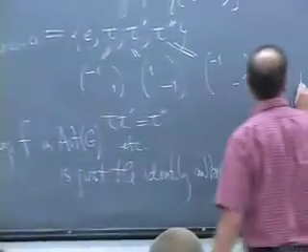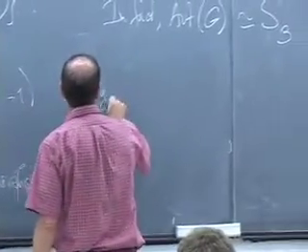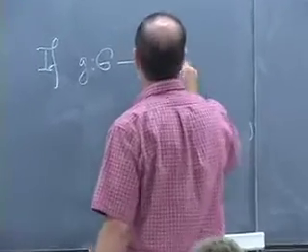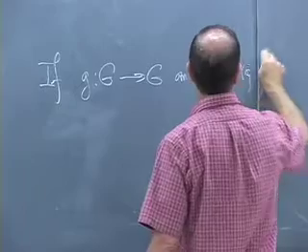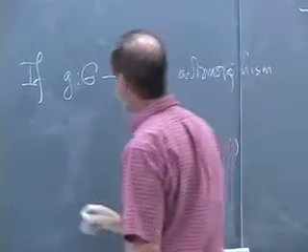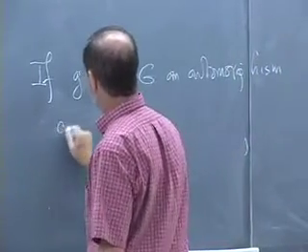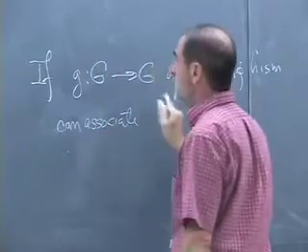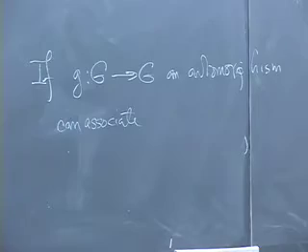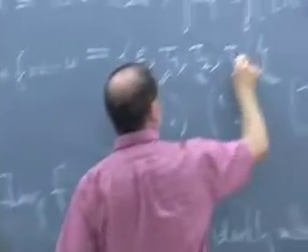So if I have some map from G to G, an automorphism, then I can associate to it, maybe I'll call these things tau 1, tau 2, and tau 3.